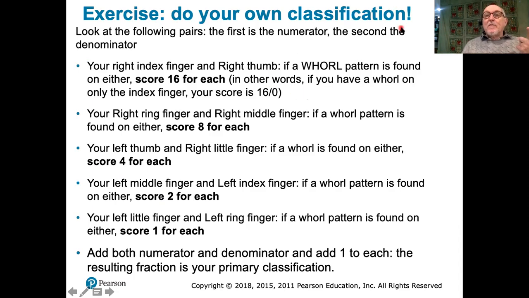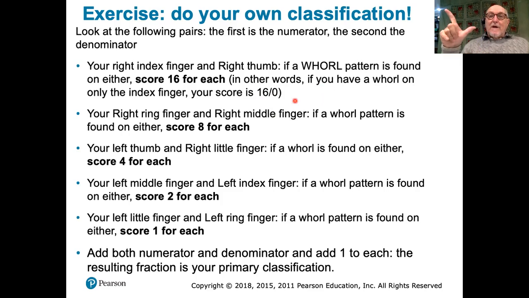Okay, so the first thing you do is look at your right index finger and your right thumb. All that you're looking for are whorls. That's all. Ignore loops and ignore arches. This works only by using the presence or absence of whorls.